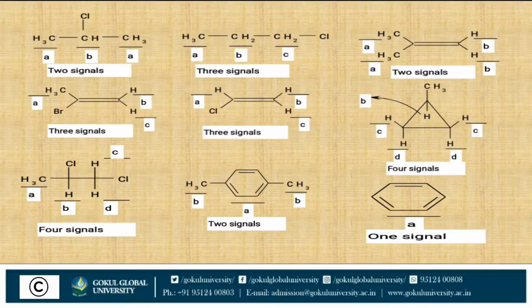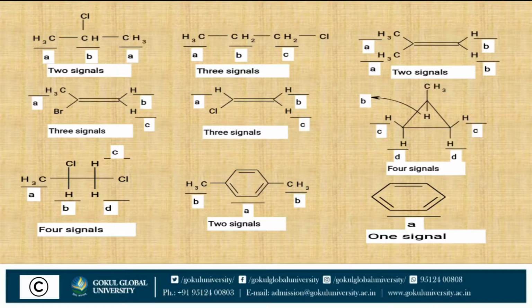But in the fourth example, 2-bromopropene has two different protons attached to the double-bonded carbon, because on the other side the carbon has a bromine or methyl group.